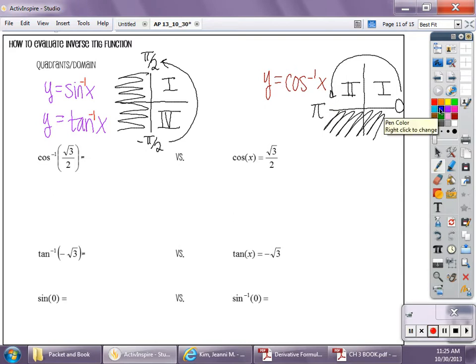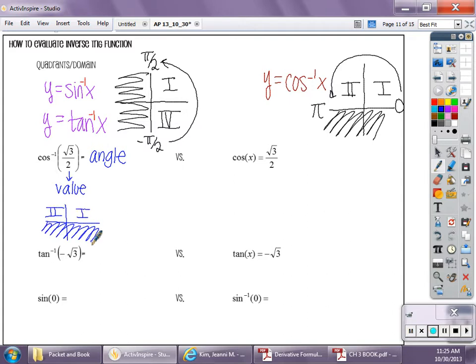The inverse says, if this is my value, give me the angle that gives that root 3 over 2. That's actually what it says. If this is the value on the unit circle, go backwards and get me the angle that would have given that value. Problem is, you're not allowed to use all the quadrants. You can only use 1 and 2 for this guy.